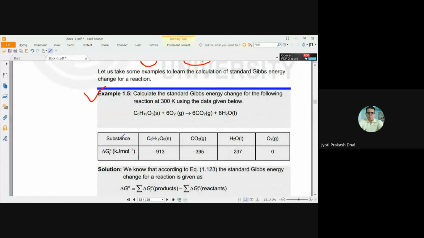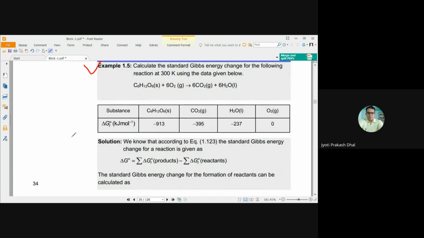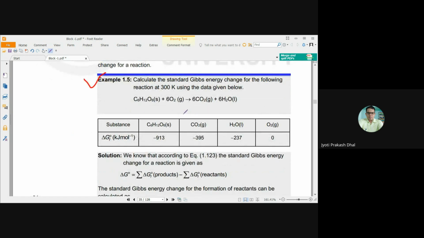You can see this is a numerical question, and this type of question was a 5-mark question in the last semester examination of June 2025. That is question number 7A. Here it is given: calculate the standard free energy change of the following reaction at 300 Kelvin using the data given below.